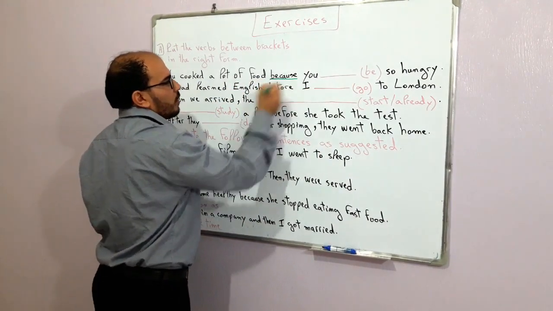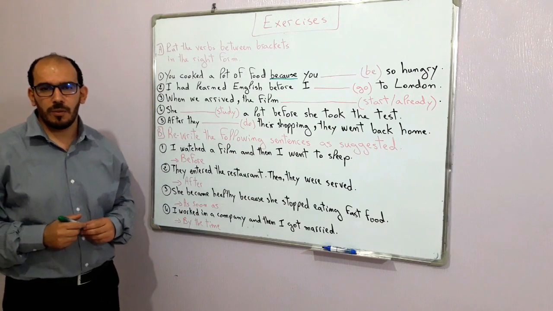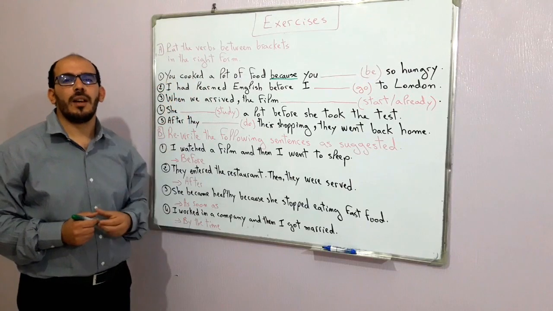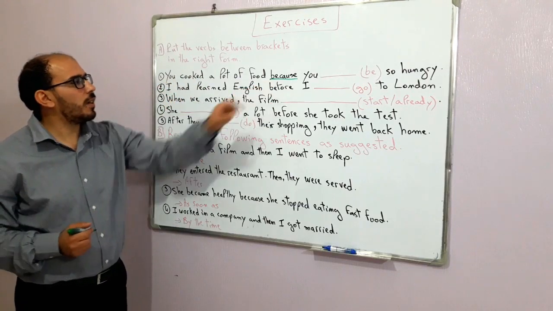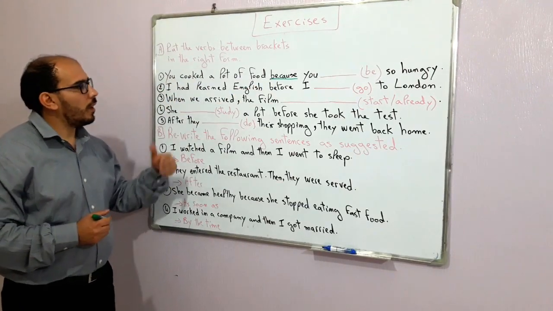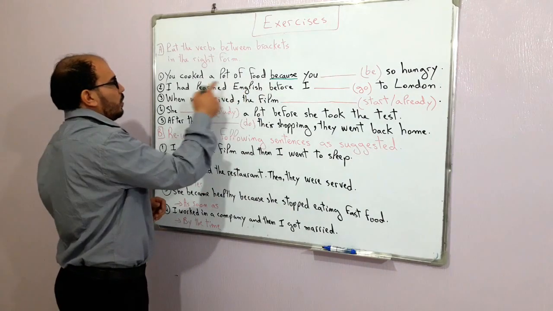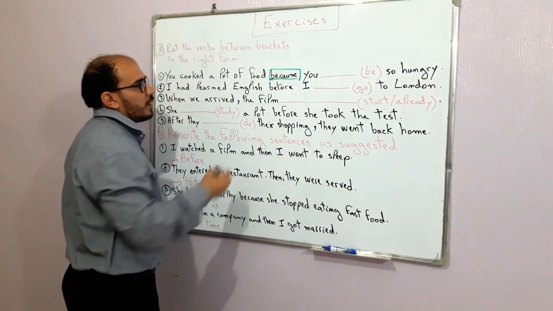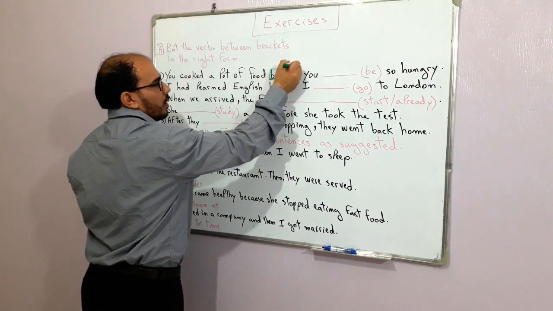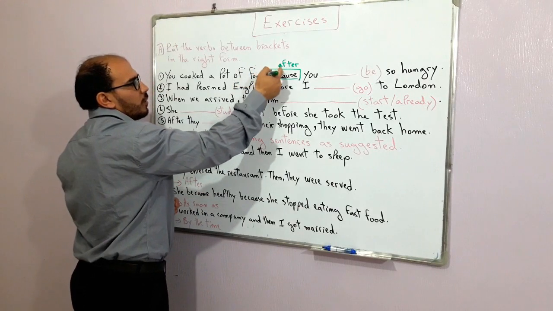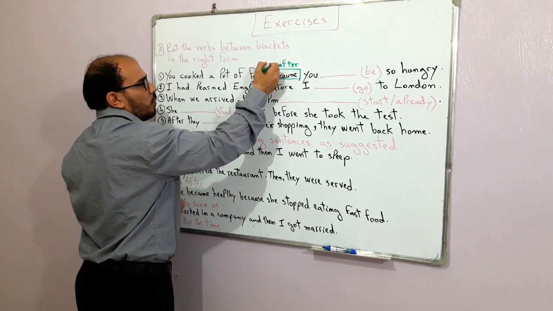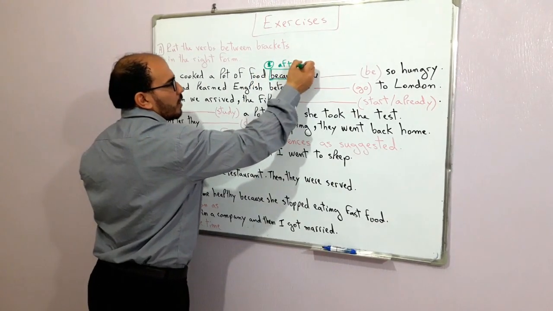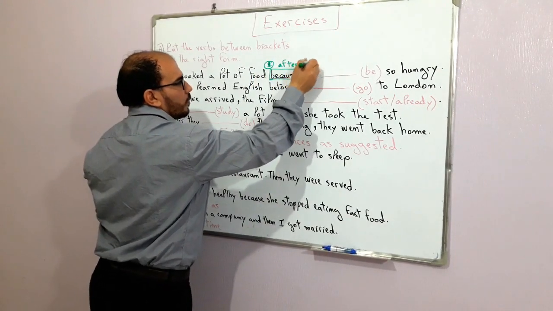So we have because, and as I explained before, because is like after. So I have to make sure that we have 2 activities in the past linked by because. When I have after in the middle, 2 comes after 1.